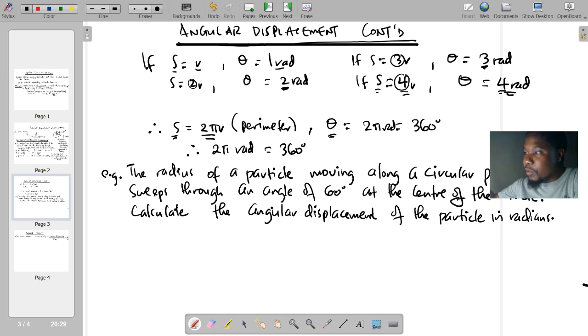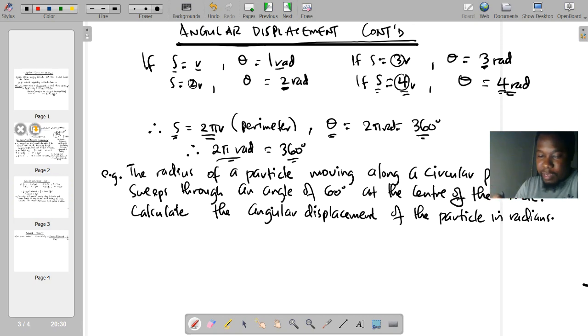If you're moving the whole circumference of the circle, that means we have covered 360 degrees. So 2 pi radians in terms of degrees is actually 360 degrees. Okay, so what we're saying is that 2 pi radians is equal to 360 degrees. This is a very important thing for you to remember.